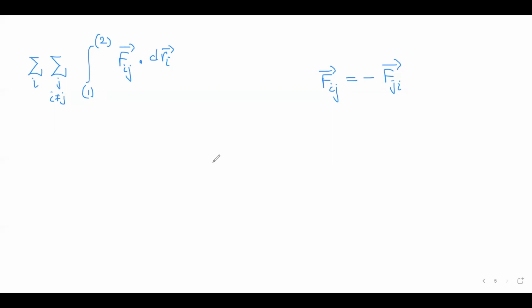So Fij will be parallel to the distance between the ith and jth object, parallel to Rij.